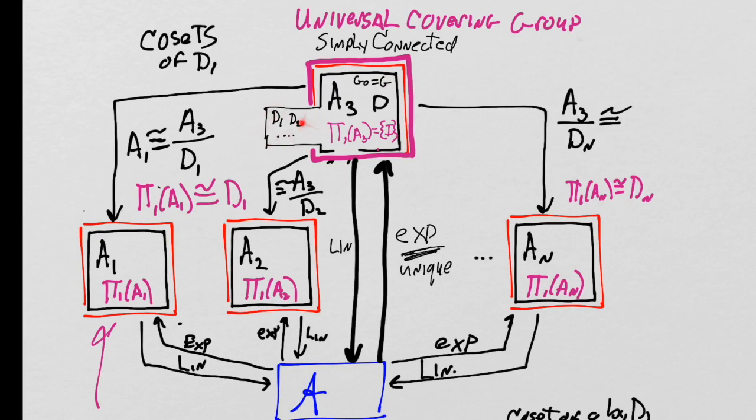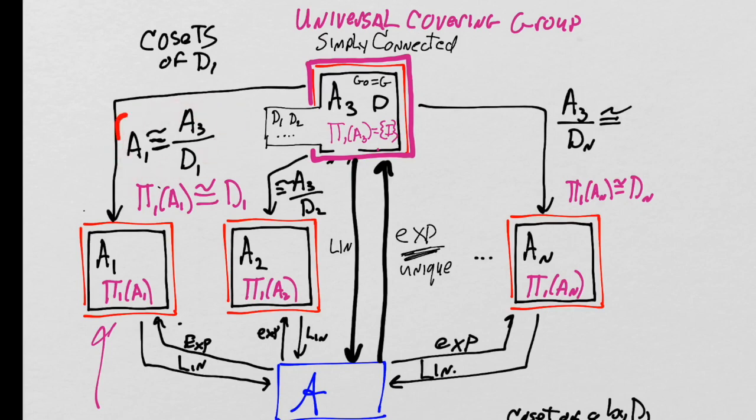And then we talked about its discrete invariant subgroups, and there would be a list of them. And then all of the other Lie groups that share the same Lie algebra with this simply connected Lie group are all just factor groups, right?